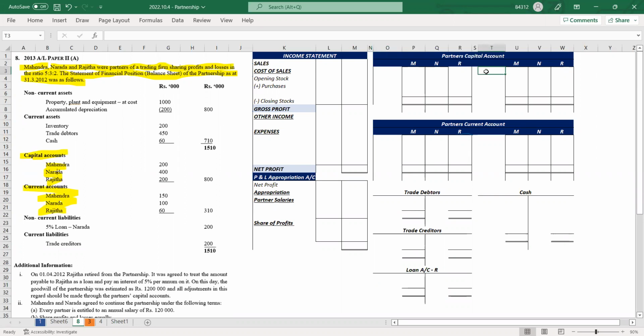Capital account balance brought forward 200, 400, 200. Current account opening balance 150, 160.